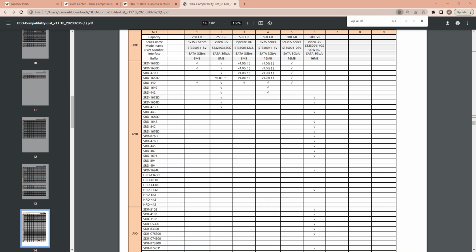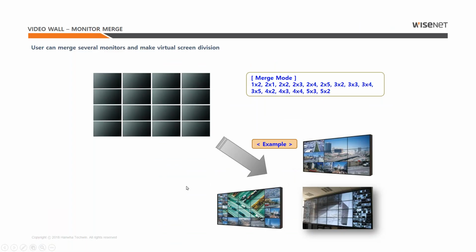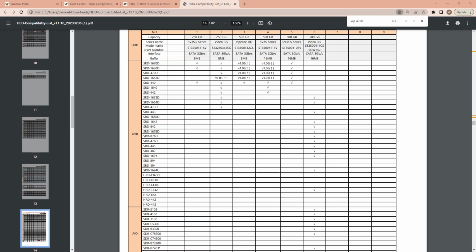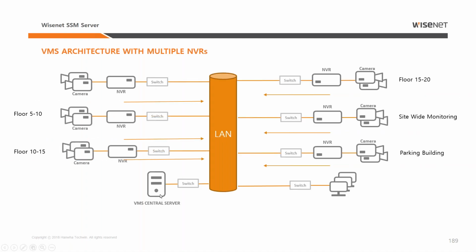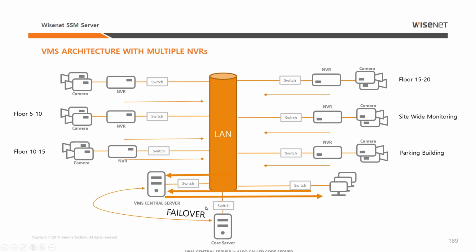So this is what we saw here when you have multiple NVRs. You buy one server, 3000 cameras, easily you can add via NVR. Done. You can even do failover, so no need to pay license on this.